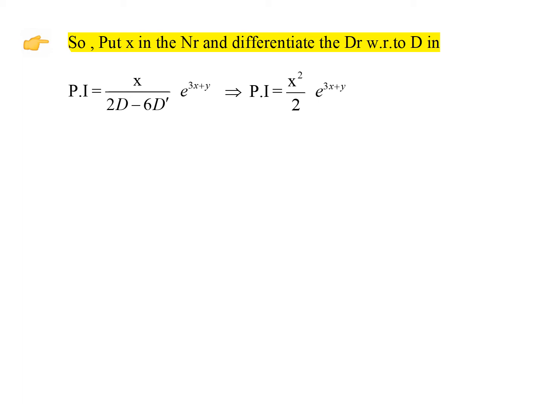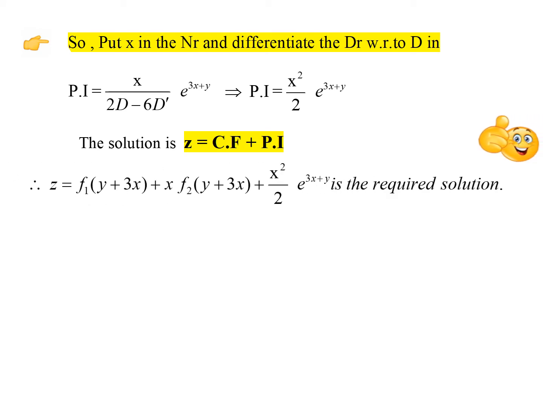Now look at this. Is it not the answer? This is the answer because we do not have any other operator now, D or D' like that. So this is going to be the final answer of the particular integral. Now let us add the complementary function and particular integral to get the entire solution like this.